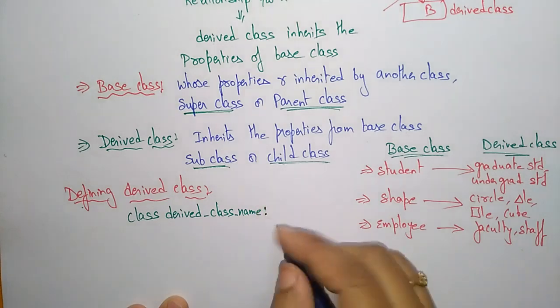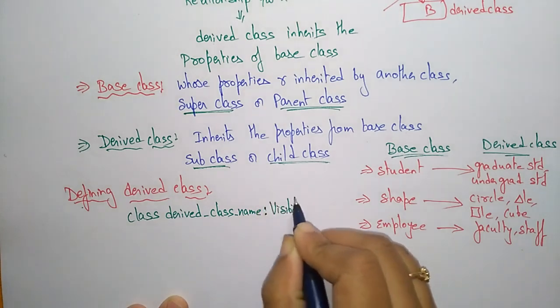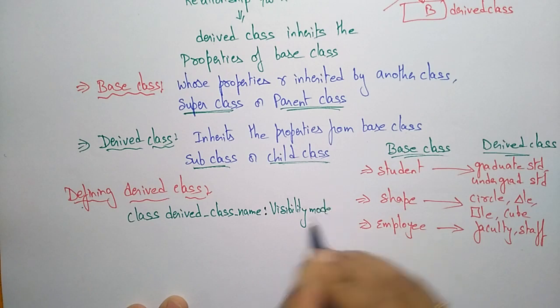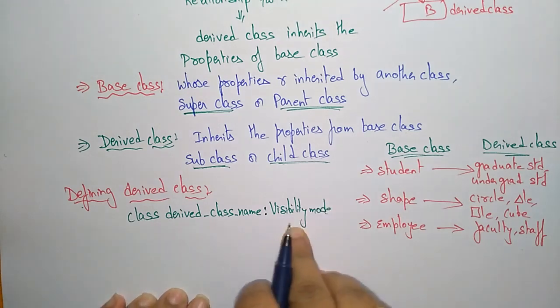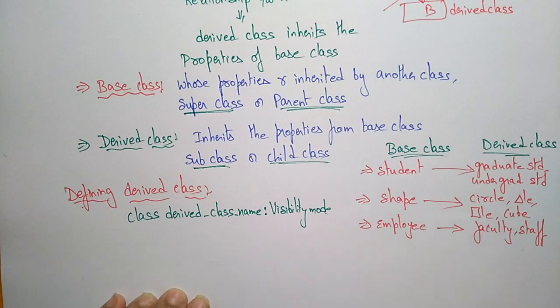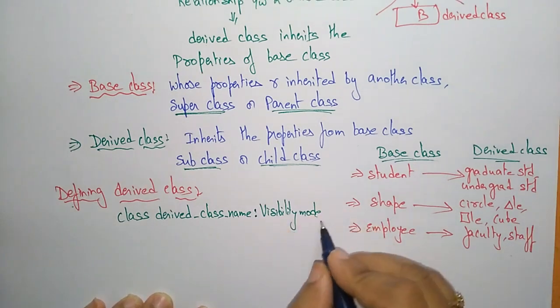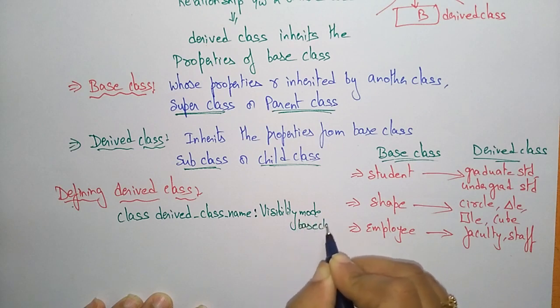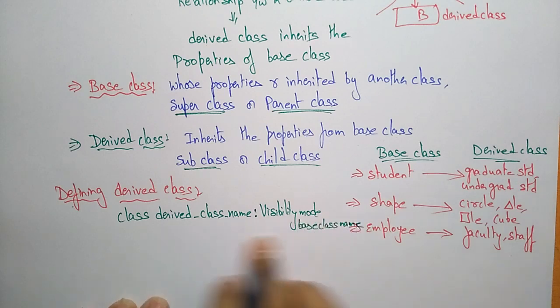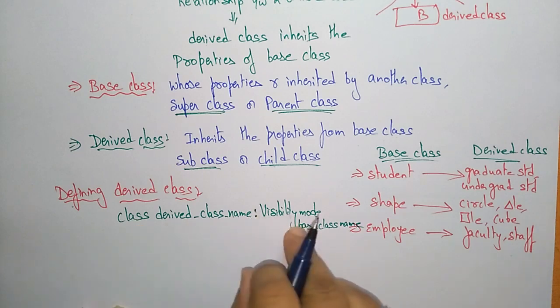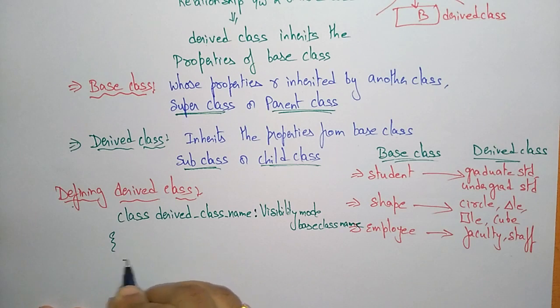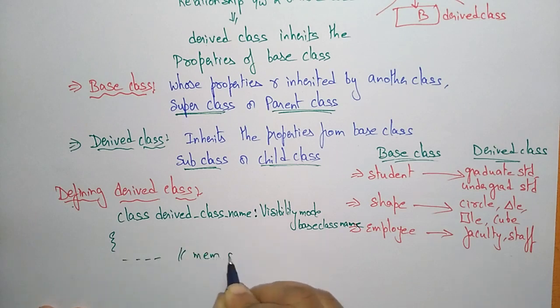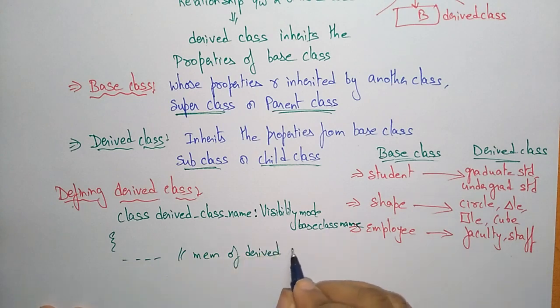Then the visibility mode, which is optional. In the previous video I explained visibility modes and access specifiers. They are the same: public, private or protected. Then write the base class name. So: class, derived class name, colon, visibility mode, base class name. Then write the members of the derived class, whatever member functions or data members you need.